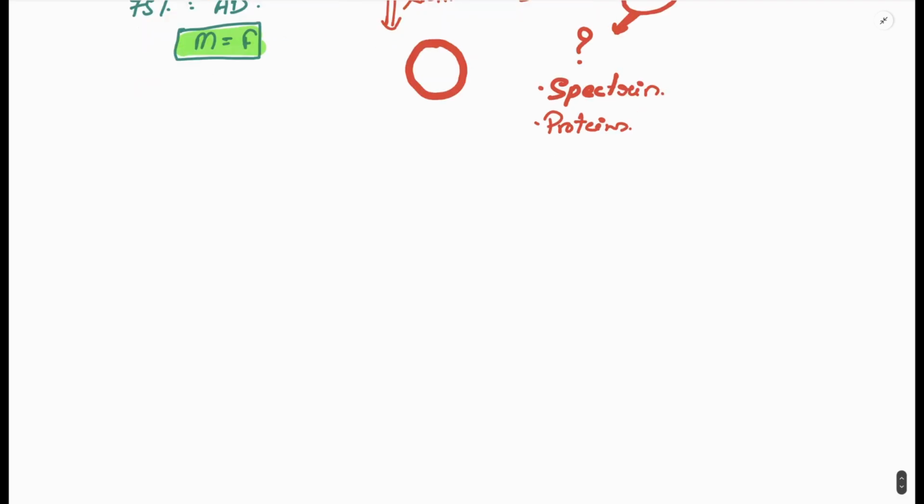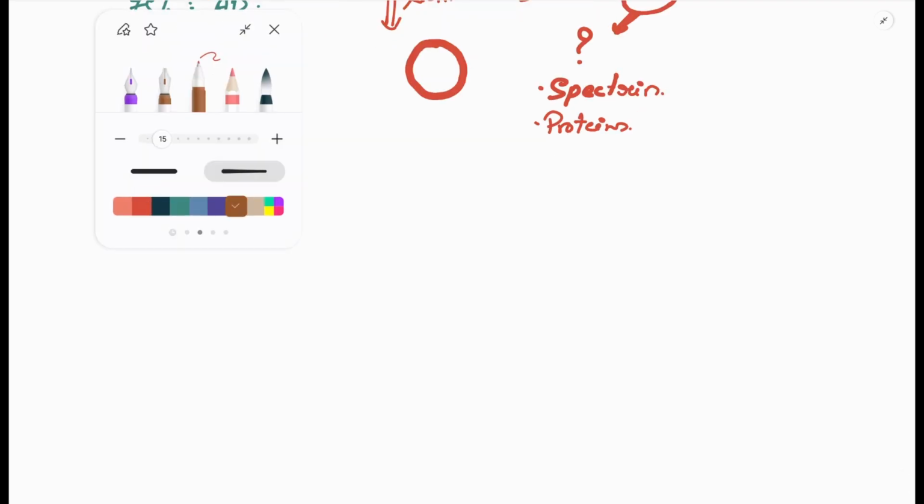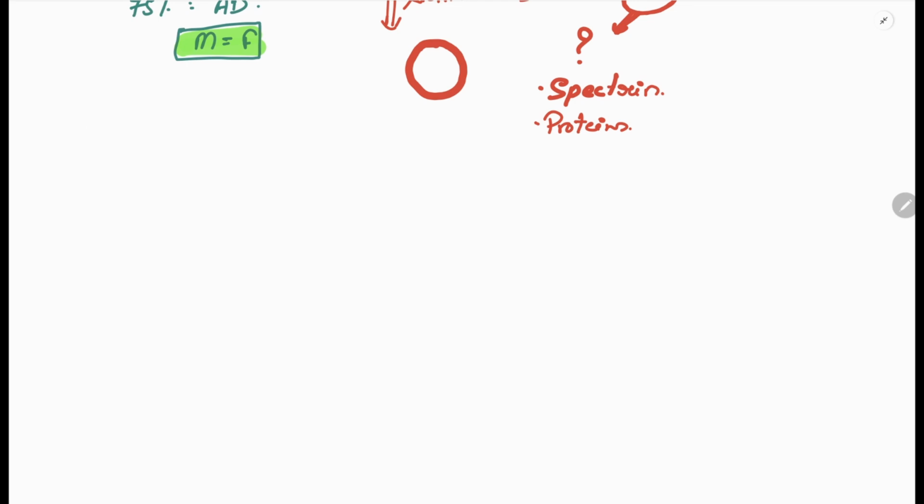Okay, so now let's talk in more detail. First, let's talk about spectrin. This spectrin is made up of two chains, the alpha chain and the beta chain.